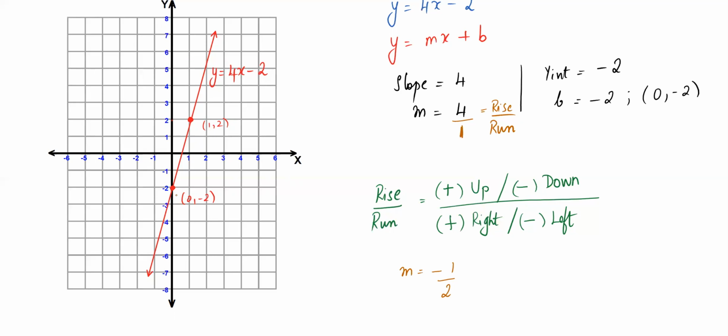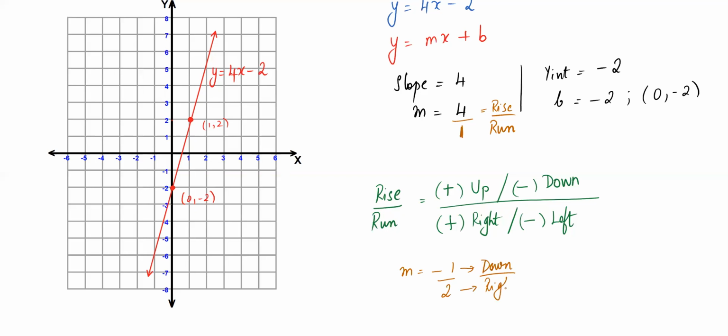So if (0, -2) again was your starting point, then you would go down 1 unit, and to the right 2 units, because 2 was positive. Down and right, you would have landed here. Let me remove that because I don't want to confuse that with an answer here.